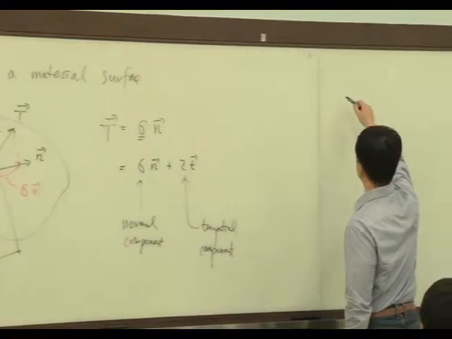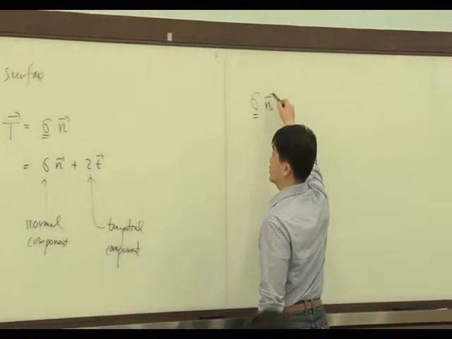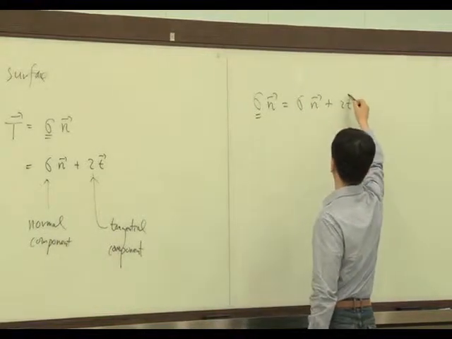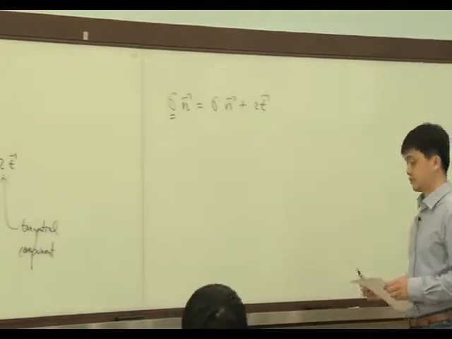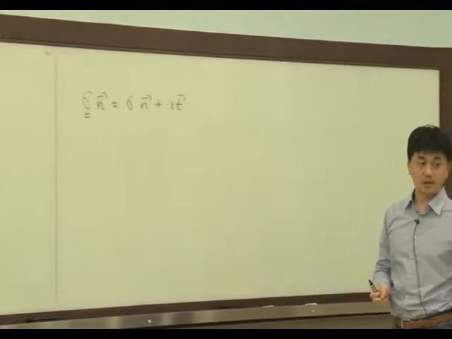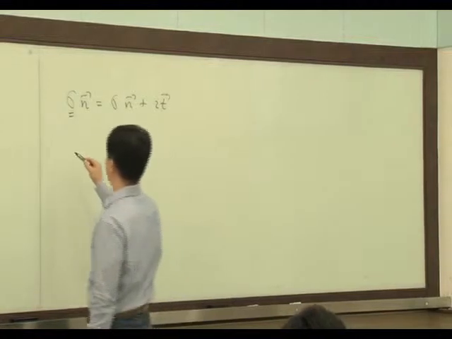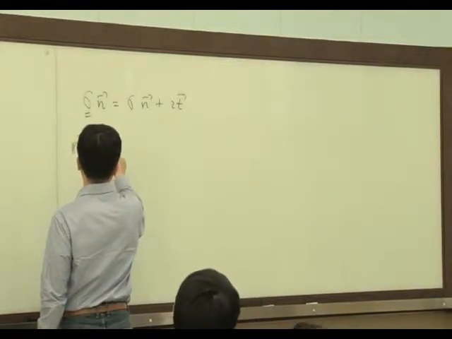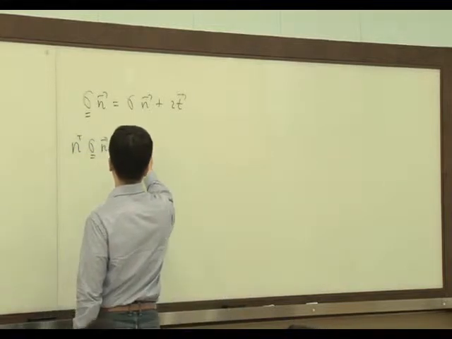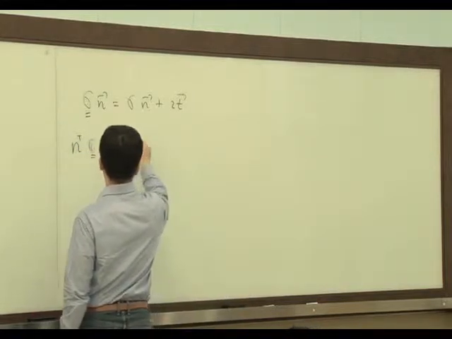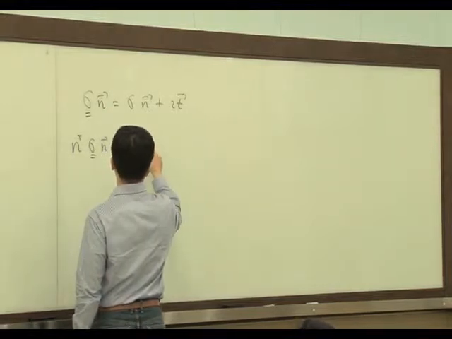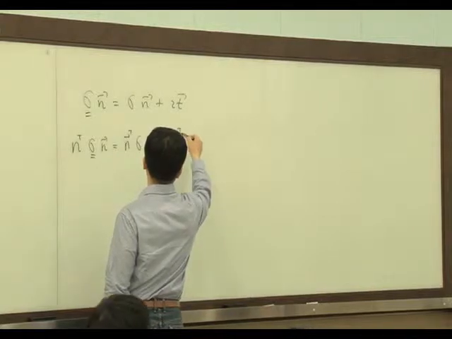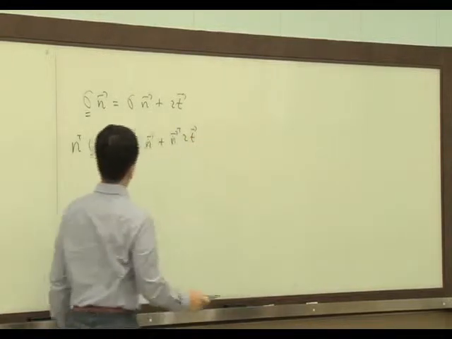So let's look at this equation only. T equals sigma n plus tau t. Let's multiply by n transpose. Then we have n transpose T equals sigma n transpose n plus tau n transpose t, right?